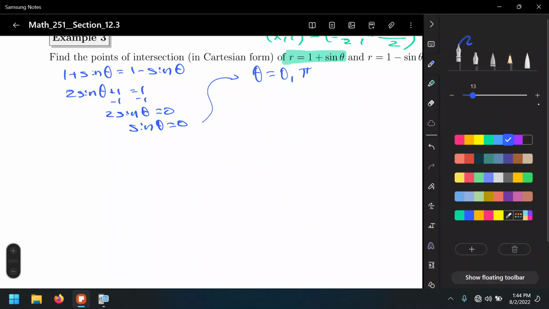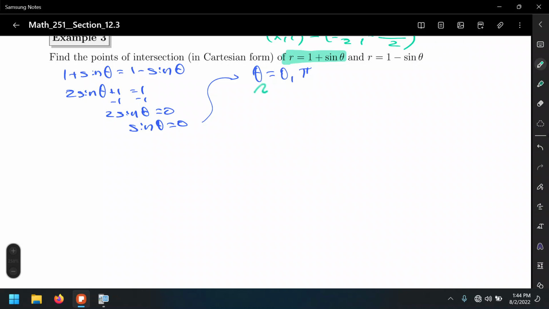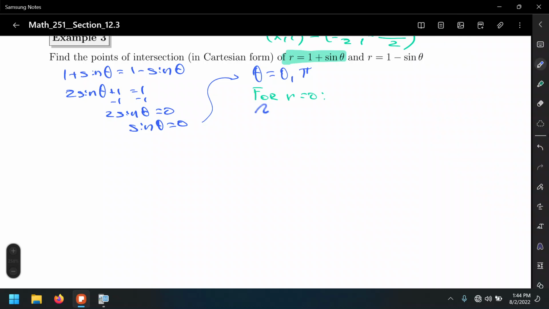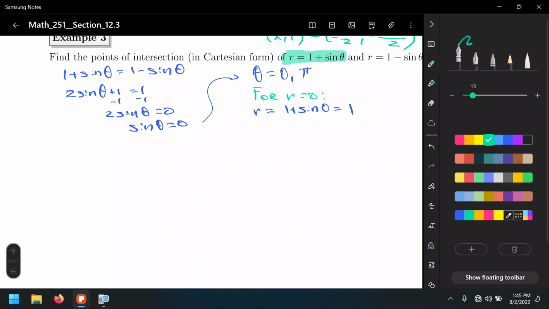So for theta equals 0, we should get r equals 1 plus sine 0, which is sine of 0 is 0 plus 1, that's 1. That means we are going to have another pair that looks like r, theta equals 1, comma 0.